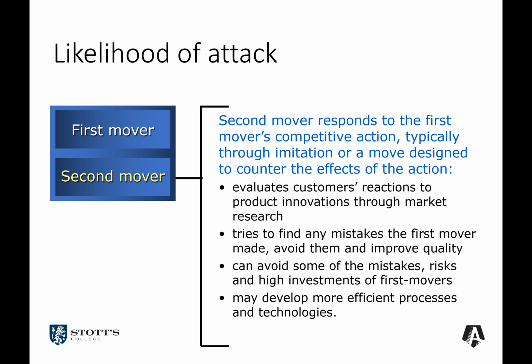But this is what normally happens in a product. A new feature is developed in one company's product. The competitor evaluates the customers' reactions to the product innovations through market research or some other method, looks at what the advantages are of that, whether it's eating market share, whether it's significant, whether it's something that customers desire, and then tries to find mistakes that the first mover has made, avoid them, and improve the quality.